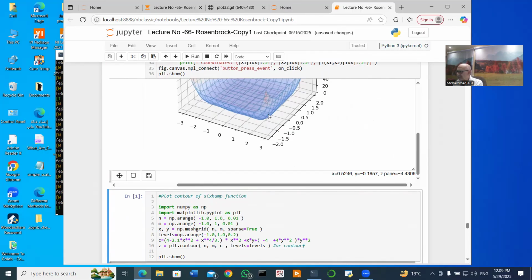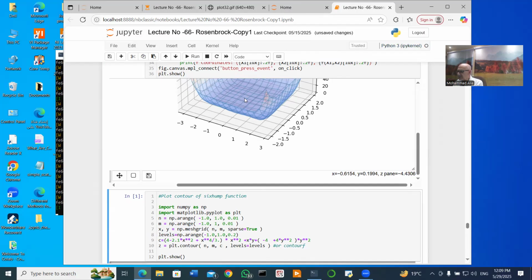Here, as you see, these values represent the coordinates of each point. If I put the cursor here, there is an x value, y value, and z value. If I put it here, for example, z is equal 23.1 here in the upper side.